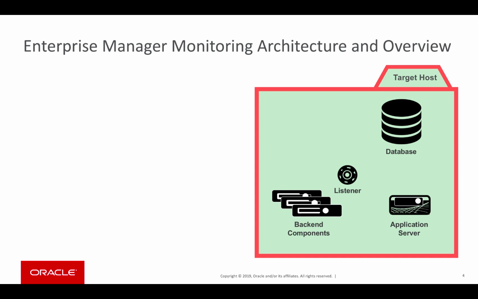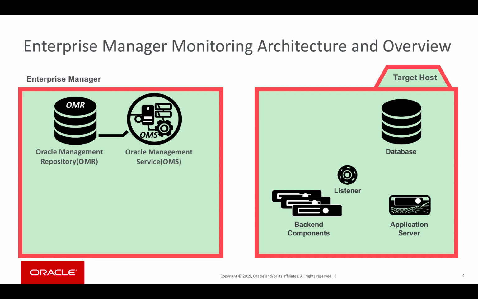And you have database, listener, and application server running. Also, there are some back-end components. These are the IT assets that you want to use EM to monitor. Once that happens, they will become managed entities, which are usually referred to as targets. So every single one of these will become a target once EM starts to monitor them.